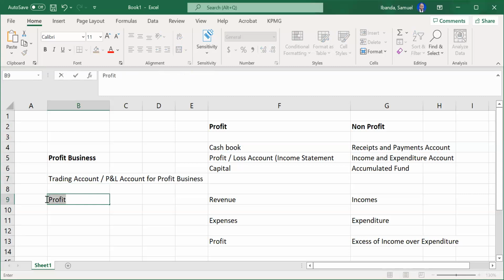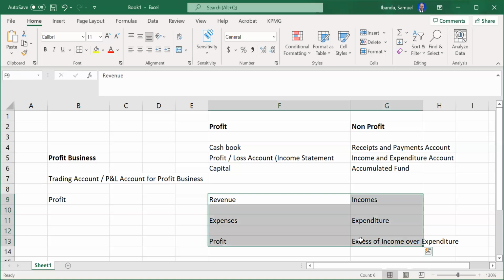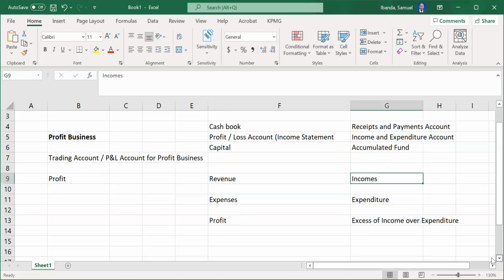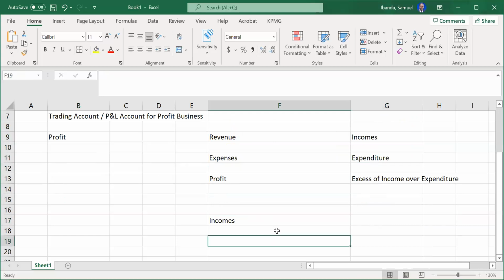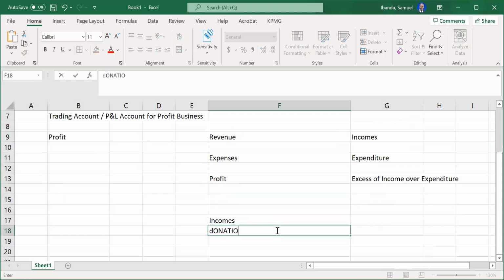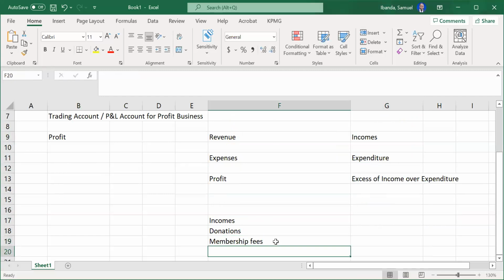So now this profit is taken to the income and expenditure account under incomes. So for non-for-profit, definitely under incomes, you have things like donations, membership fees, and you bring your profit from, let's say, the bookshop.